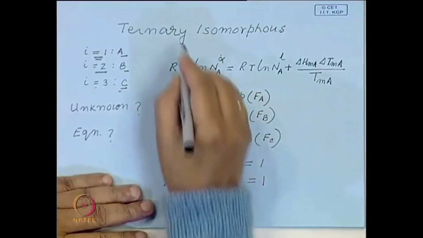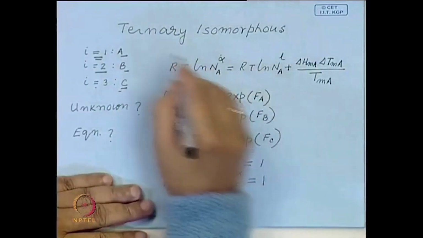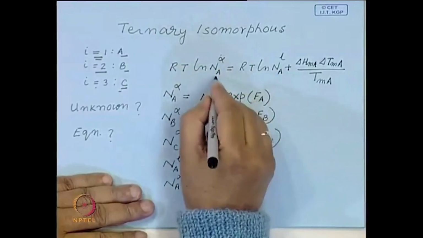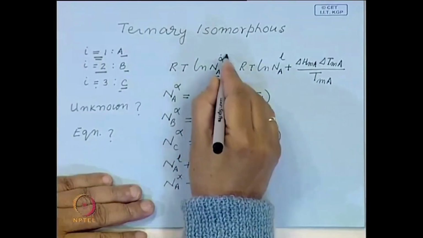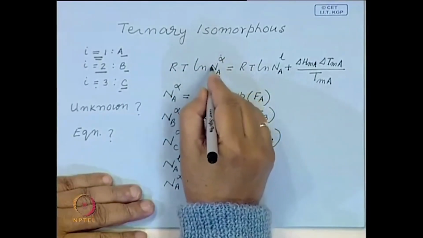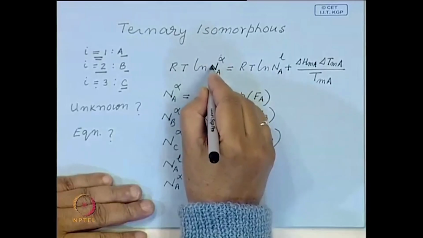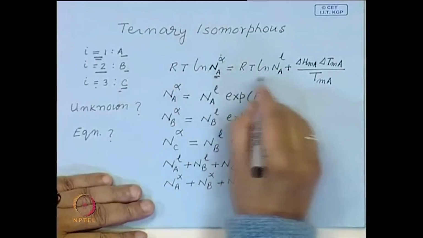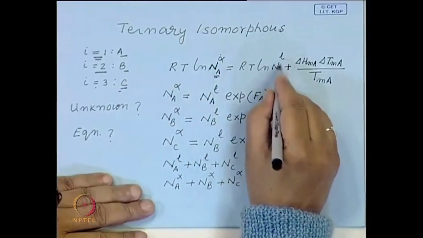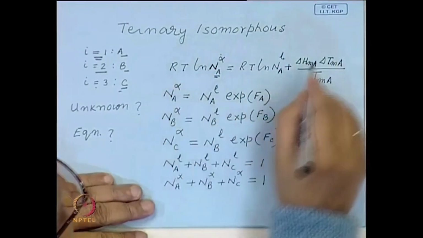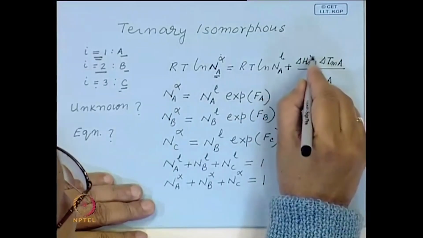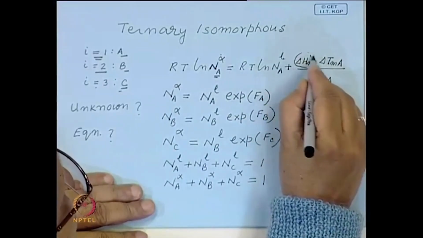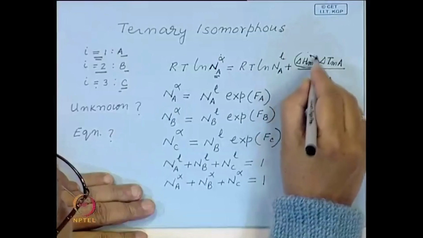it is possible to write down that equilibrium: the chemical potential of A in solid, alpha, where N A alpha is the atom fraction of A in alpha, is equal to this, where N A L is the atom fraction of A in liquid. This is the enthalpy change of melting or fusion.